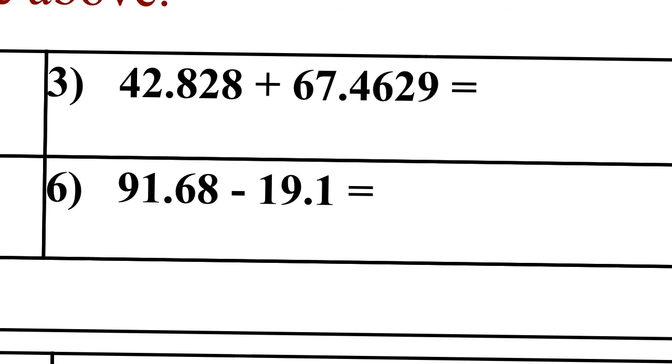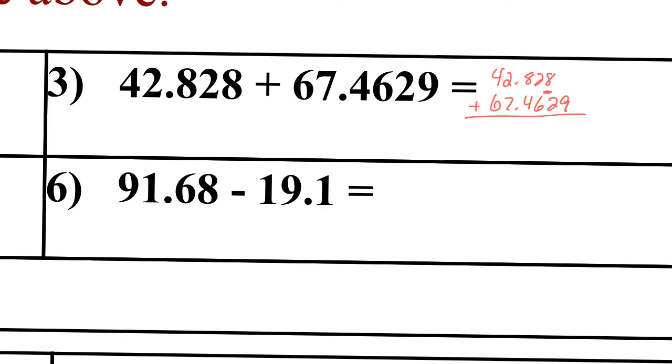Let's go on to number 3 and number 6. So we have 42.828 plus 67.4629. I can see that I'm going to need to have the thousandths place in my answer.